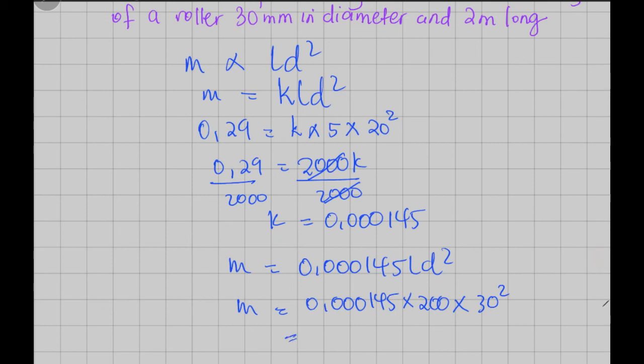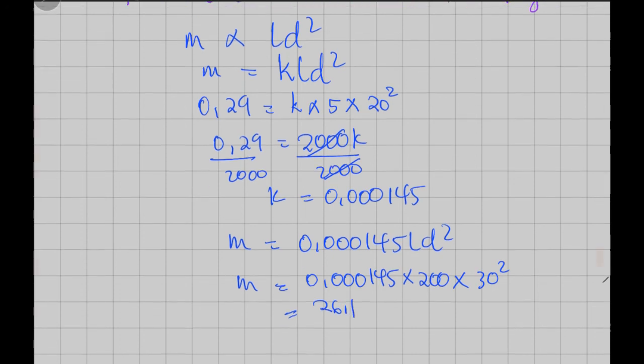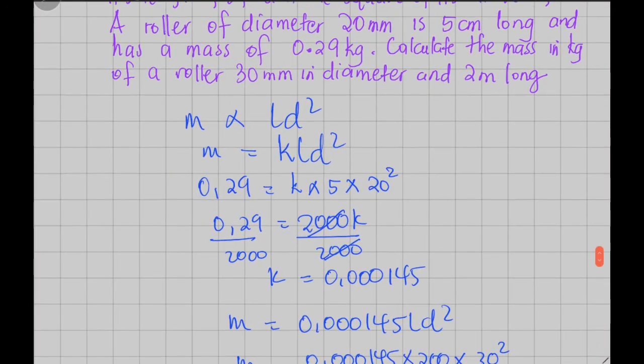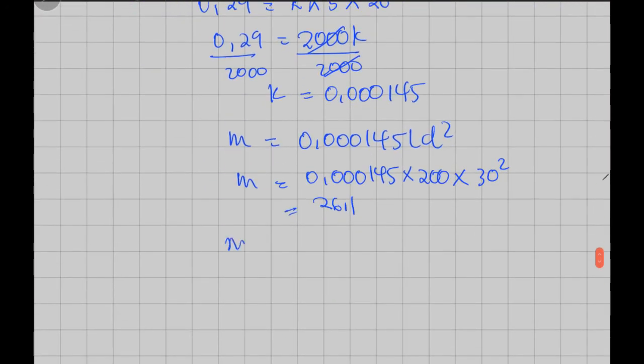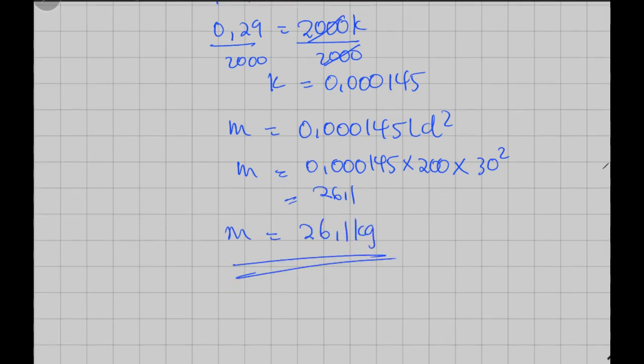Go into your calculator and multiply 0.000145 times 200 times 30 times 30. So we get 26.1. So our mass is equal to 26.1 kilograms.